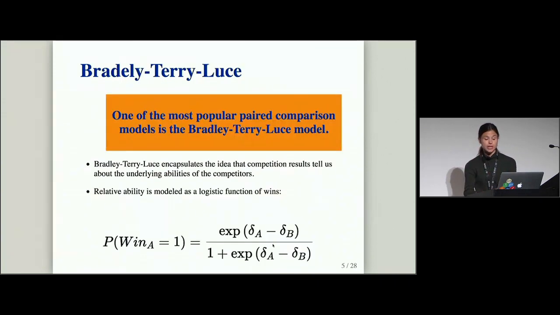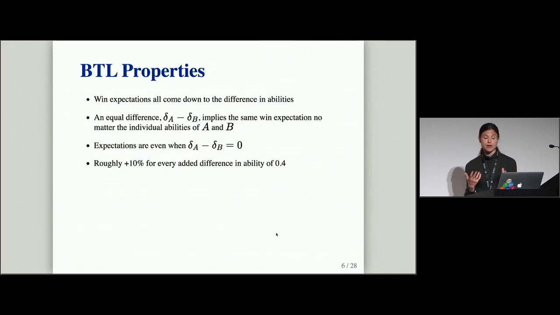So if we have 0 here, that's going to give us a 50-50 chance, which makes sense if you have equal abilities. Another thing we can see is that there's roughly an addition of 10% for every added difference in ability of 0.4. That's just one thing that you can say in this particular form.